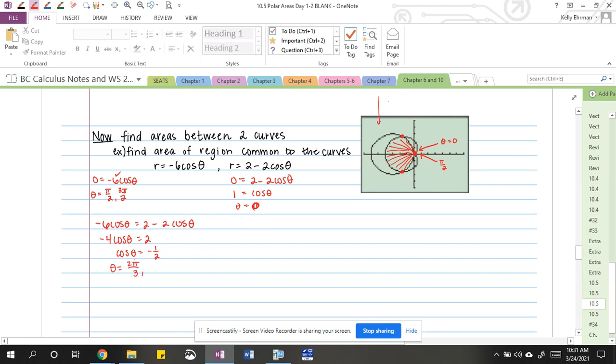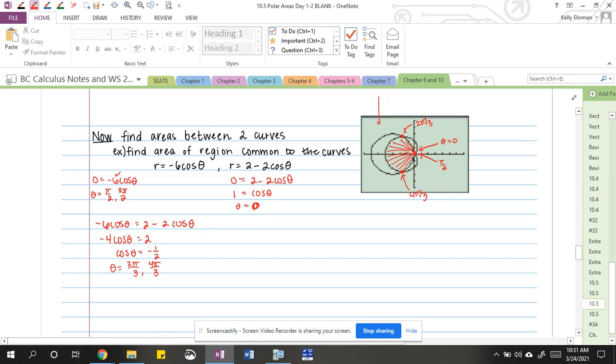And in quadrant 3, that's 4 pi over 3. So let's take a look here. 2 pi over 3. Remember, imagine a unit circle right here. So at 2 pi over 3, that's got to be this angle in quadrant 2. And then 4 pi over 3 must be this angle down here. That's in quadrant 3, right? So there's your 4 pi over 3.